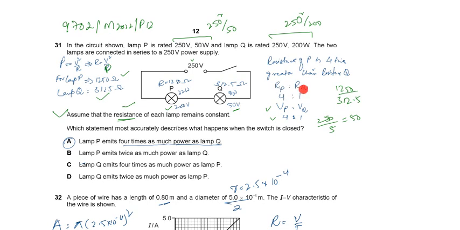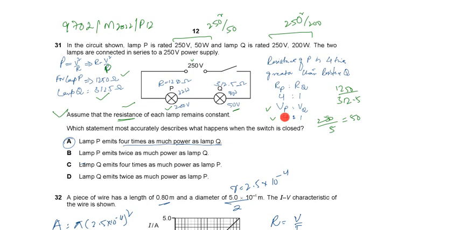And we know the potential difference is directly proportional to the resistance. That means the potential difference of P is greater than the potential difference of Q. Now we need to distribute 250 volt between P and Q with this ratio. 4 plus 1 is 5.